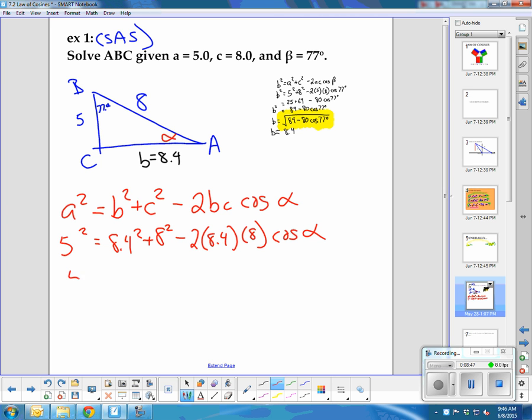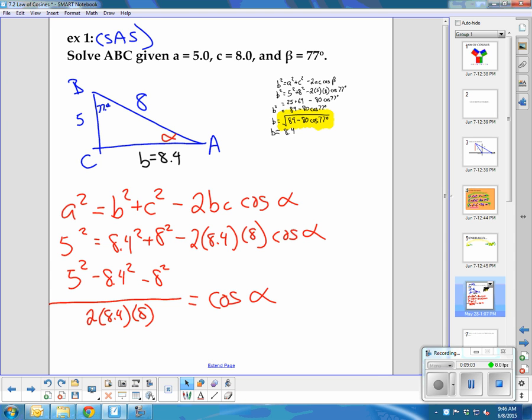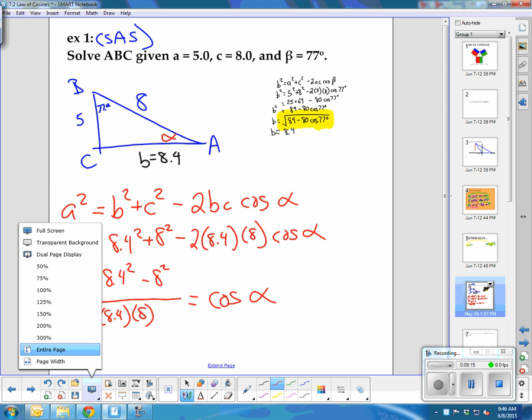I can really say this is going to be 5 squared minus 8.4 squared minus 8 squared, divided by 2 times 8.4 times 8, is going to equal cosine alpha. And that is just a whole bunch of algebraic stuff, subtracting from both sides, dividing both sides, to isolate the cosine alpha in our equation.